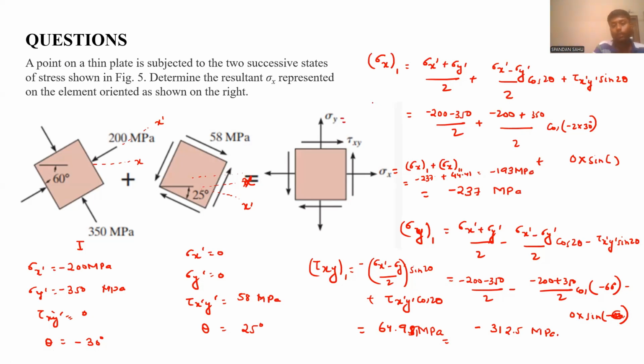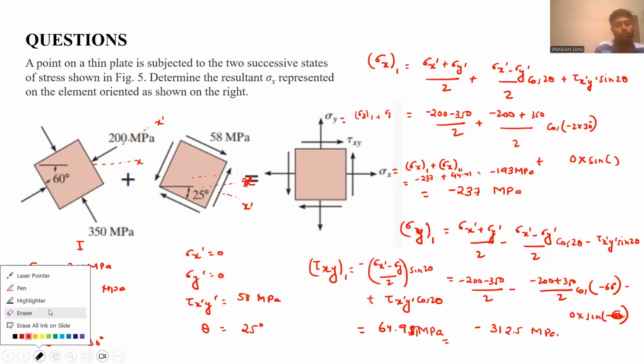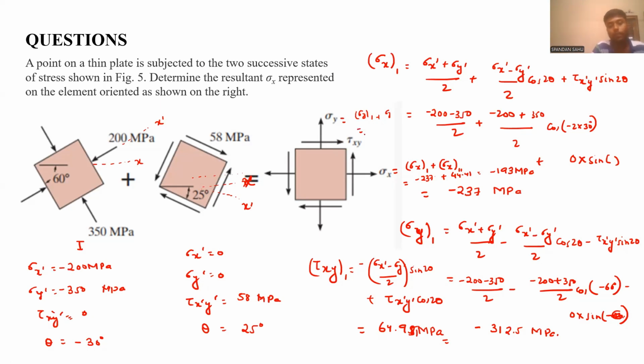Similarly, sigma y will be equal to sigma y from 1 plus sigma y from 2. So from here you can write minus 312.5 and minus 44.4. So minus 356.8 MPa.